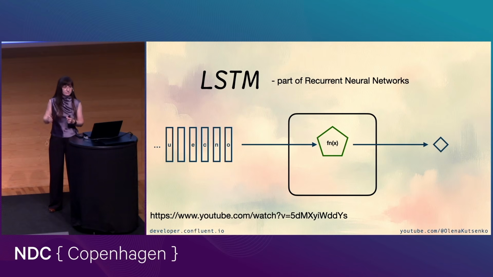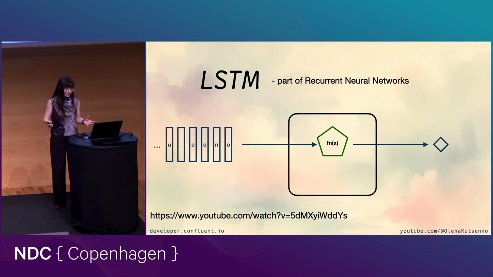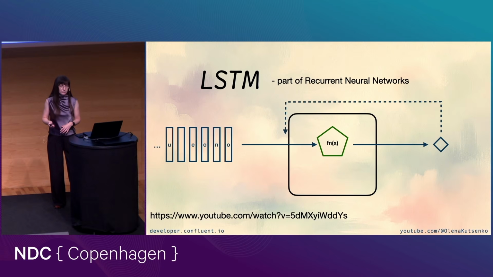Oh, we have. Cool. So LSTM is part of recurrent neural networks. In a basic recurrent neural network, each step in a sequence, for example a word here, produces an output and also a hidden state.